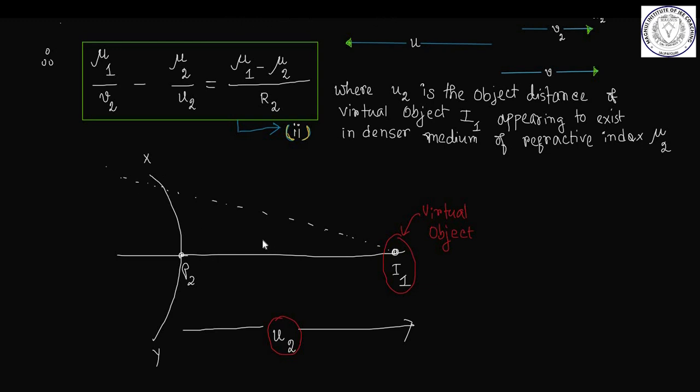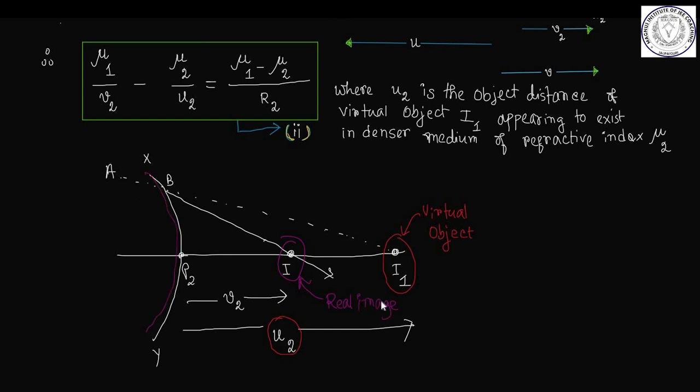The refracted ray from the point B after refraction through the second refracting surface will form the final real image at I, and v2 is the image distance of the final real image from the second refracting surface.